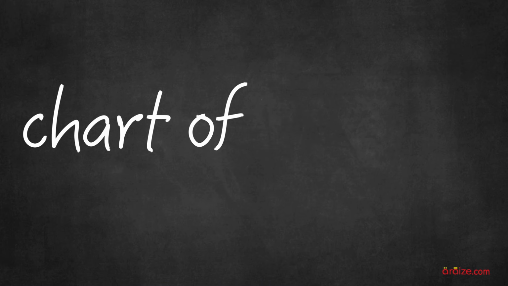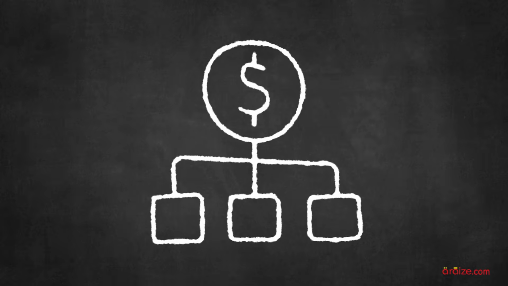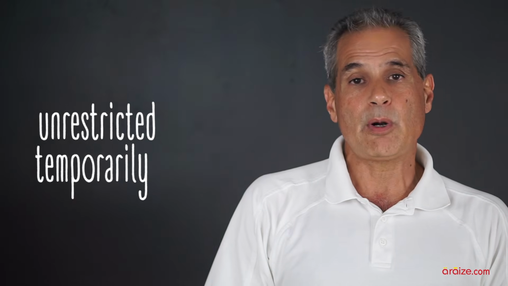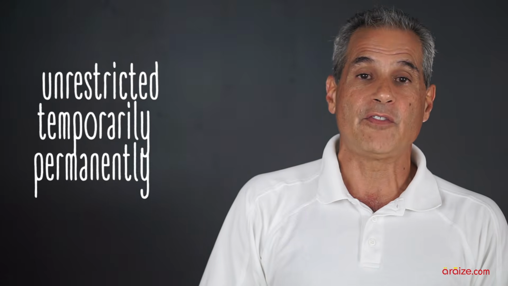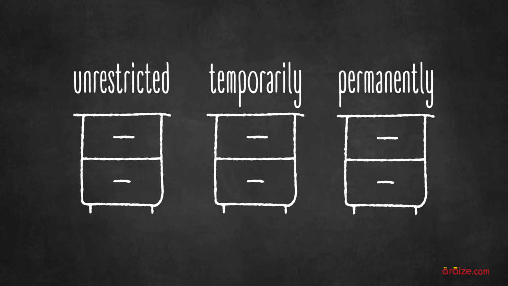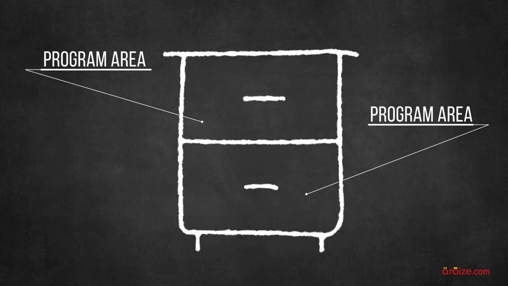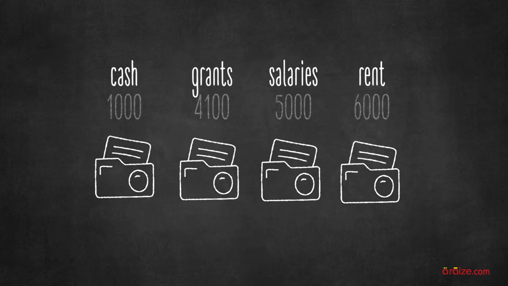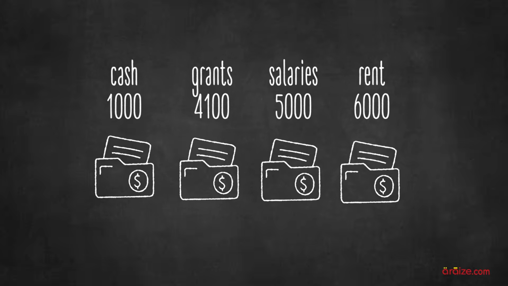So a nonprofit's chart of accounts with its segmented table-driven system is like file cabinets. So let's say you have 3 funds: unrestricted, temporarily restricted, and permanently restricted funds. You'll have a separate file cabinet for each of those funds. Each drawer in your file cabinet is like your program area. Inside the drawer, you have separate files for each of your accounts.